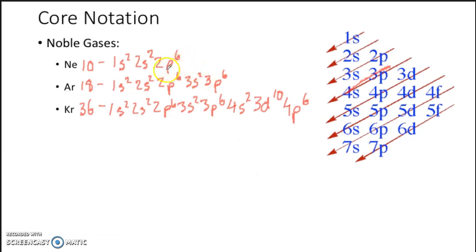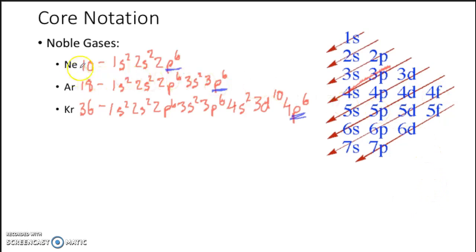Okay, so I want to point something out here with what I have done. So first off, I want you to notice that these all end in p6, with 2p6, a 3p6, and a 4p6. If you look on your periodic table, you will notice that neon, argon, and krypton, being noble gases, are at the far right-hand side of the periodic table.